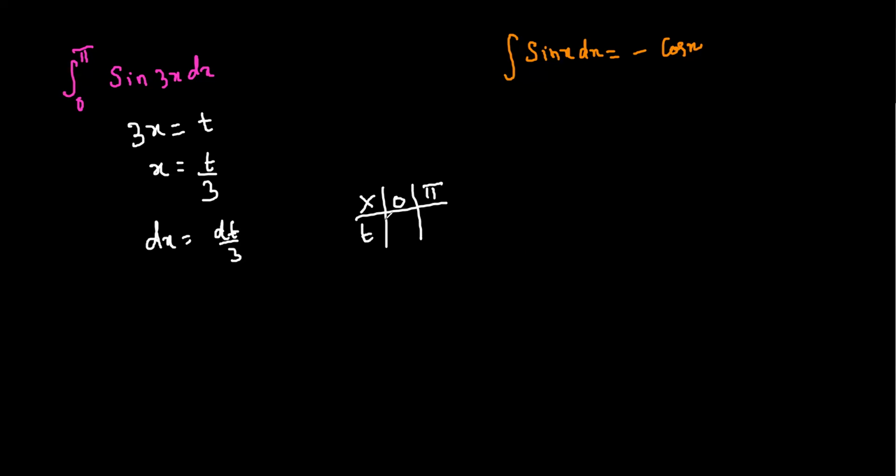When you put here 0, 3 into 0 is 0. And when you put x is equal to pi, you will get 3 pi. So in the place of 0, put 0, in the place of pi, write 3 pi. And this is sin t, dx is dt by 3, right?